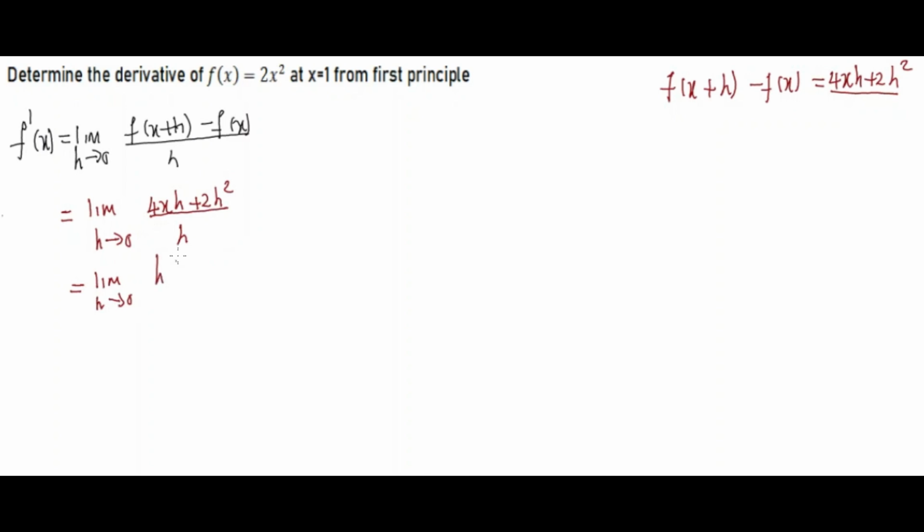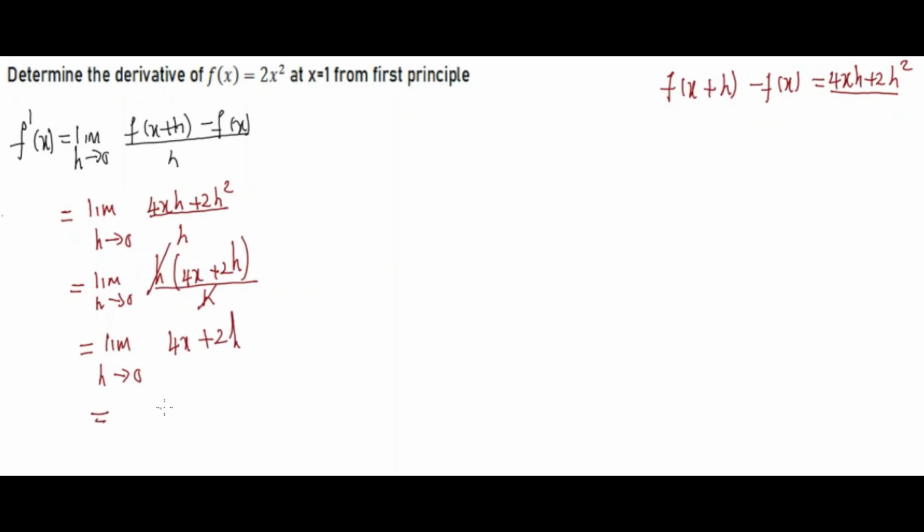So we'll have h, 4xh divided by h is 4x, and 2h squared divided by h is 2h, divided by h. So h and h will cancel each other. You remain with the limit as h approaches 0 of 4x plus 2h.